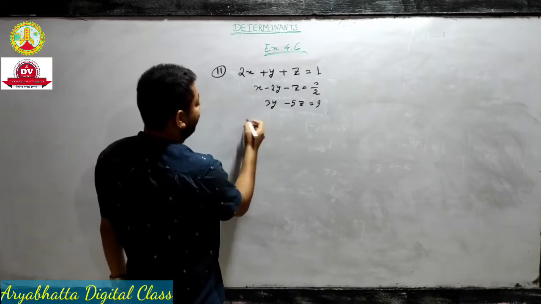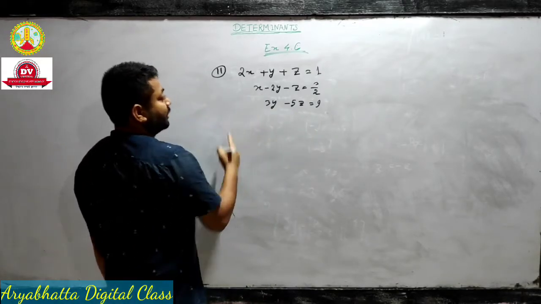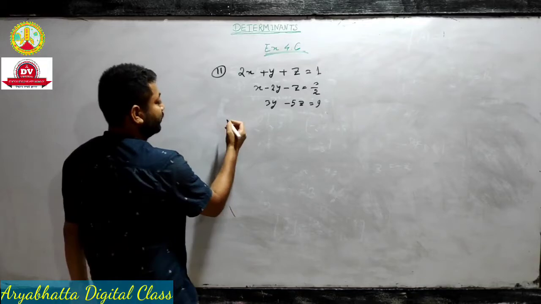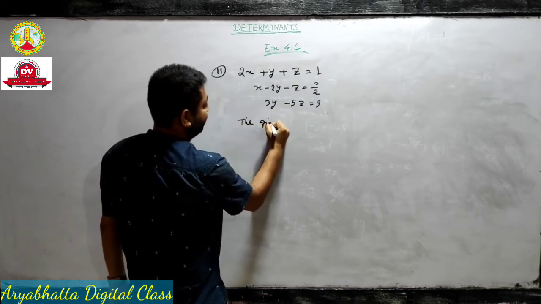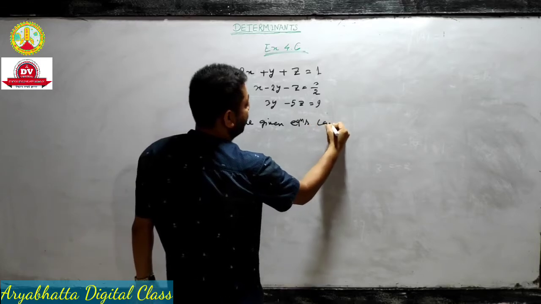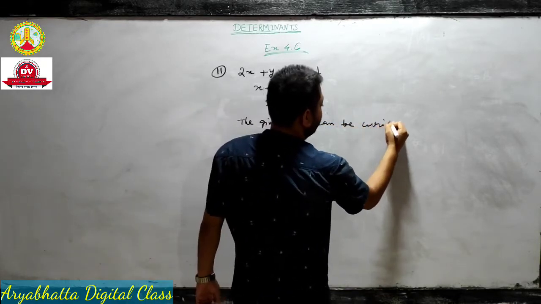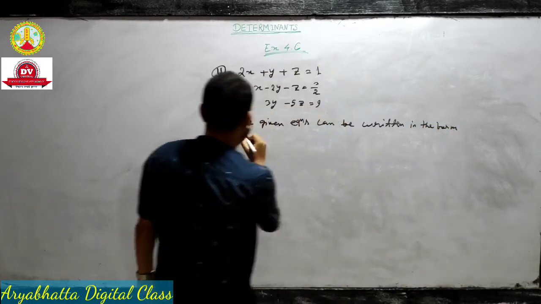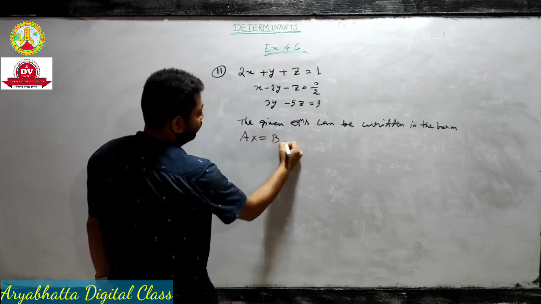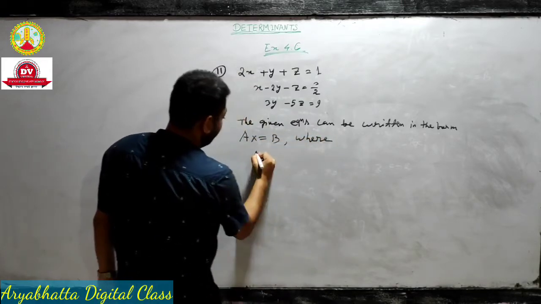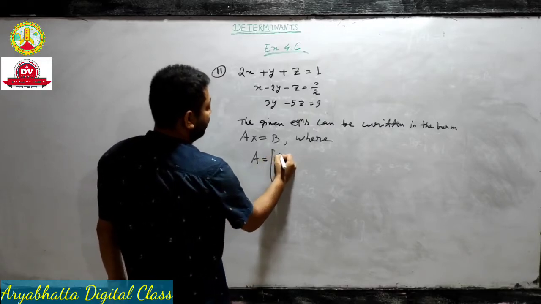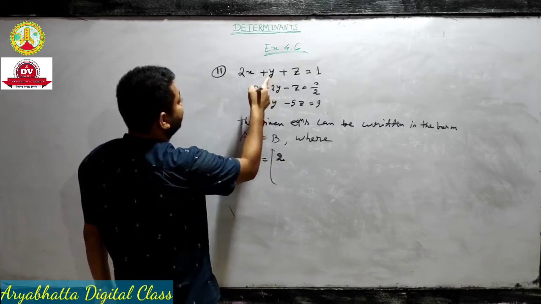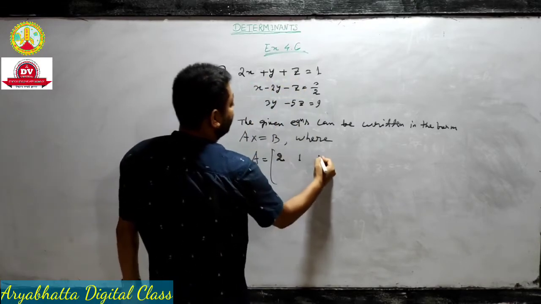These equations can be written in the form Ax equal to B, where A equal to: for the first row, the coefficient of x is 2, the coefficient of y is 1, the coefficient of z is 1.